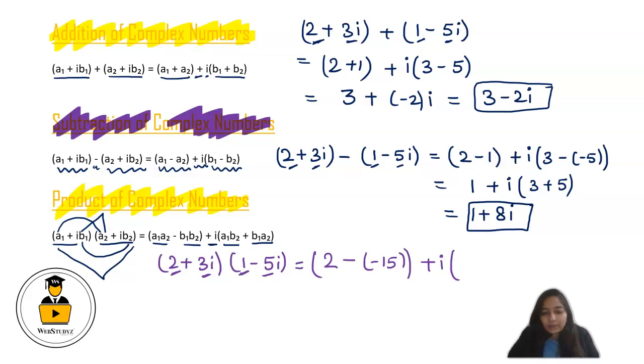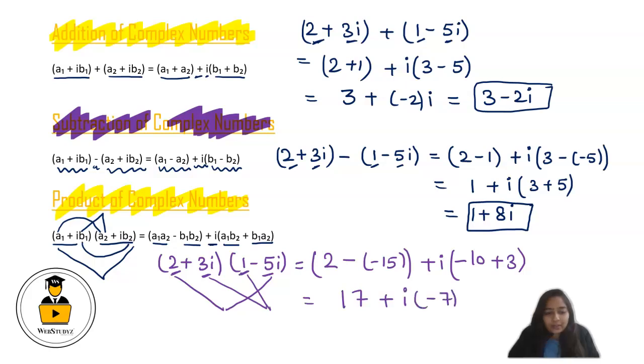Now we will multiply the real part of the first with the imaginary part of the second, that is 2 multiplied by minus 5, that is minus 10, plus the imaginary part of the first and the real part of the second, that is 3 multiplied by 1, that is 3. So this is equal to 2 plus 15 is 17, plus iota times minus 10 plus 3, that is minus 7. This is equal to 17 minus 7 iota. I hope this is clear.